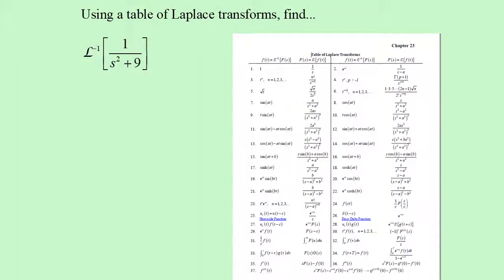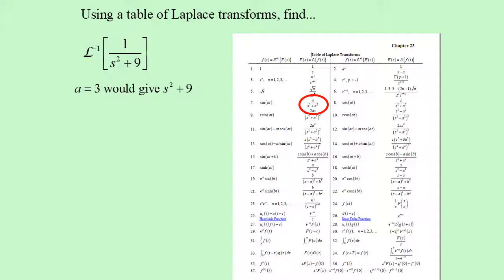Now I chose one here that intentionally looks a lot like the one we just did, just to emphasize that here, if we've got a 1 over s squared plus 9, that is, again, in a format similar to number 7 on my table. Well, for this to happen, then the a would have to be a 3 in order to have an s squared plus 9.